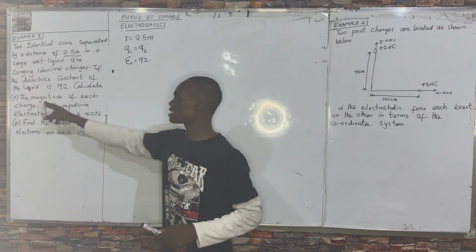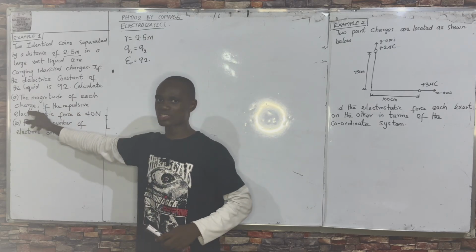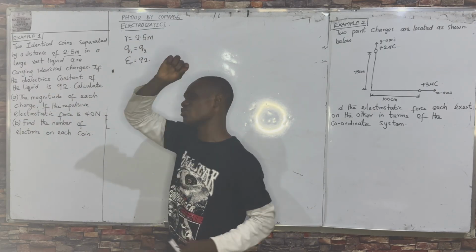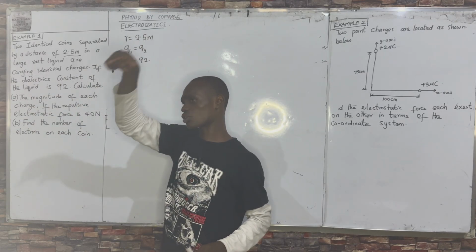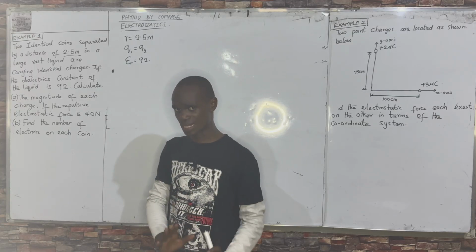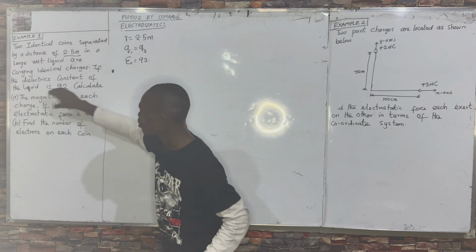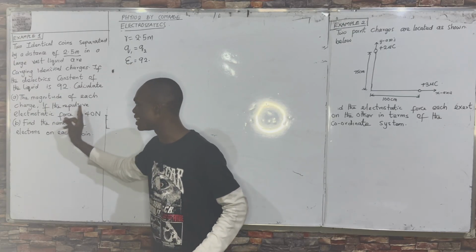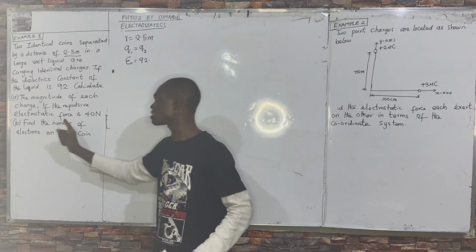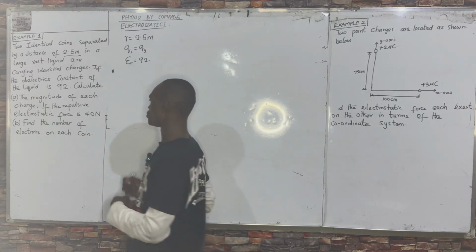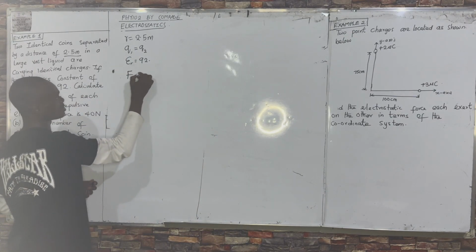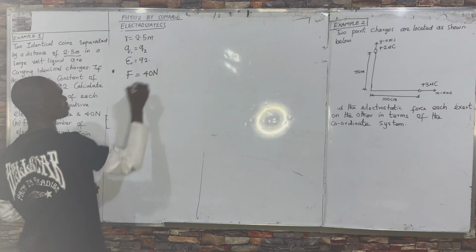Calculate the magnitude of each charge, meaning you are calculating Q1 and Q2, and do not forget Q1 and Q2 are the same. Calculate the magnitude of this charge if the repulsive electrostatic force is 40 Newton. So F is equal to 40 Newton.